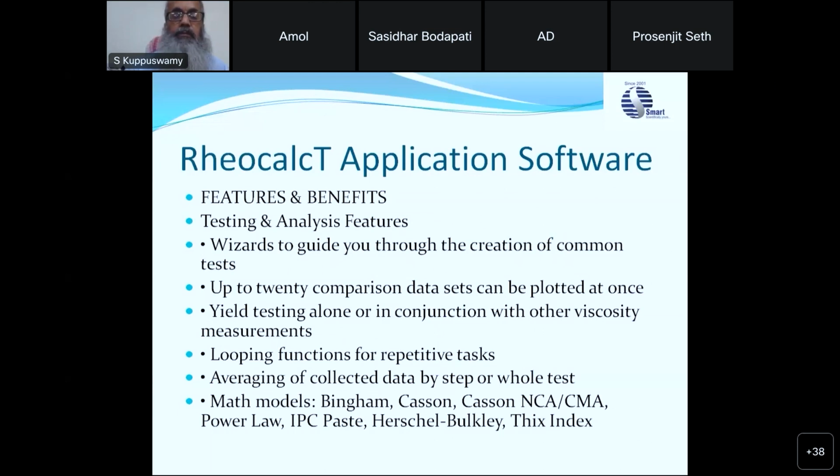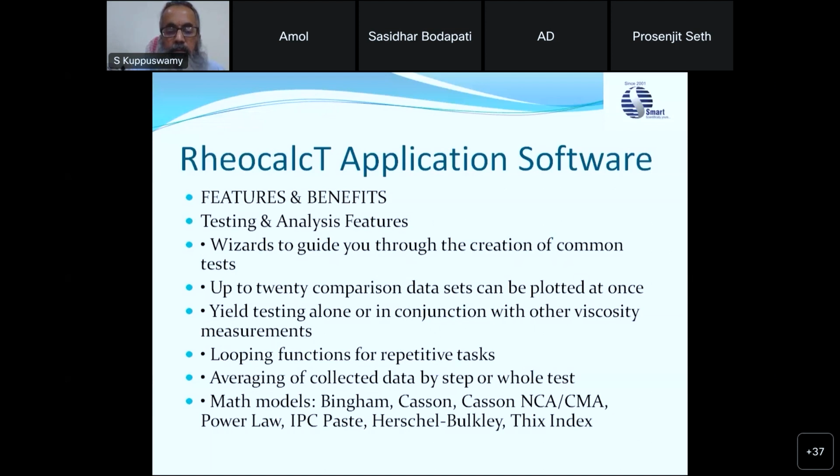The key features are testing and analysis. It has wizards to guide you through the creation of common tests. Then up to 20 data results can be compared by plotting them overlapping on the graph. Yield testing alone or in conjunction with other viscosity measurements can be studied.